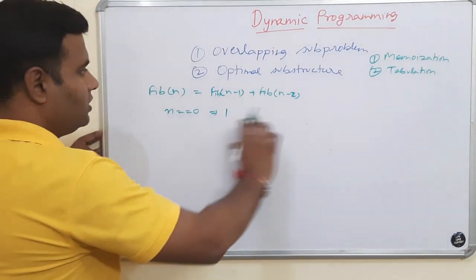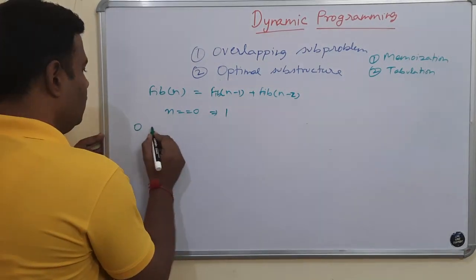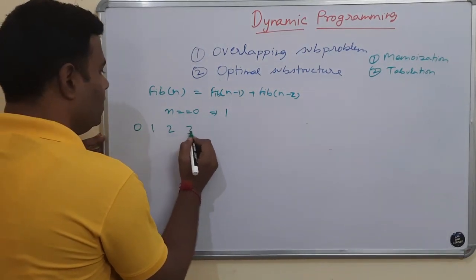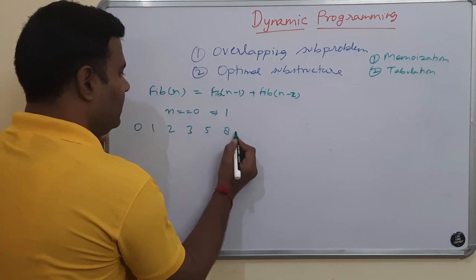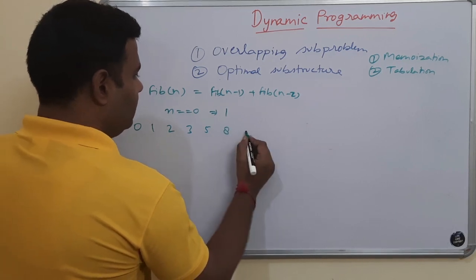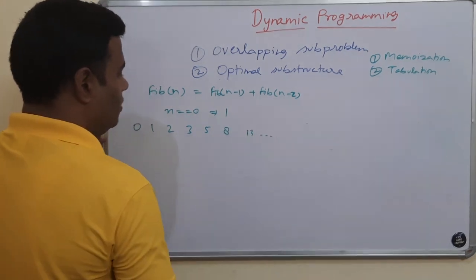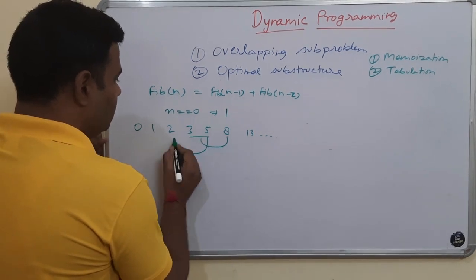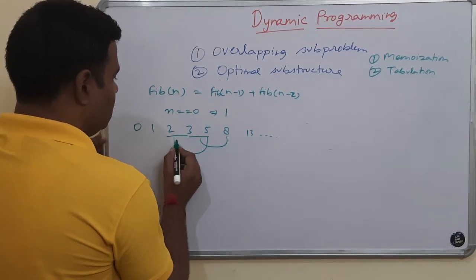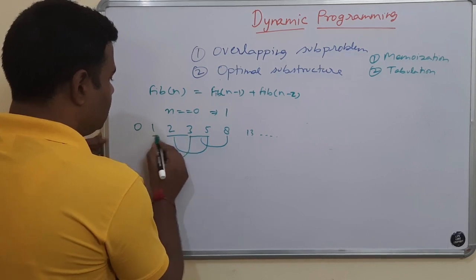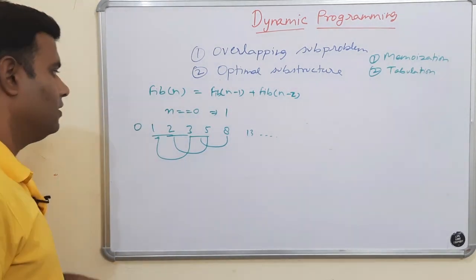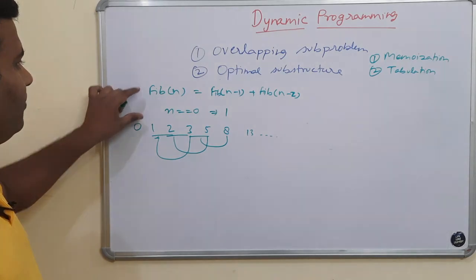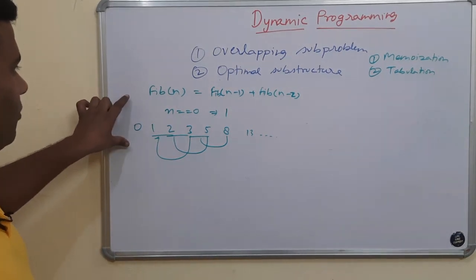So now the series will look like 0, 1, 1, 2, 3, 5, 8, and then 13 and so on. Each number is a sum of the last two numbers. So this is how we have written the Fibonacci series.